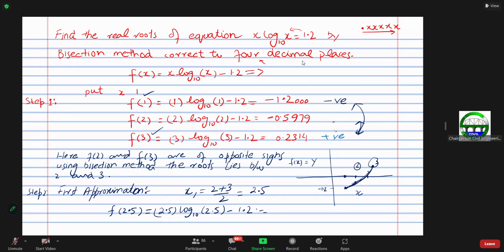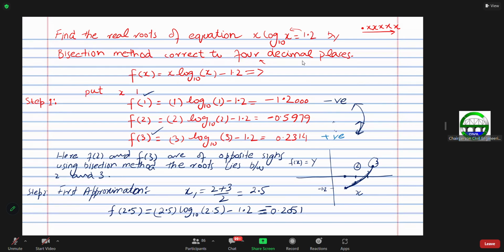Anyone can tell me the answer, please? It is negative, right? It is negative 0.2051.